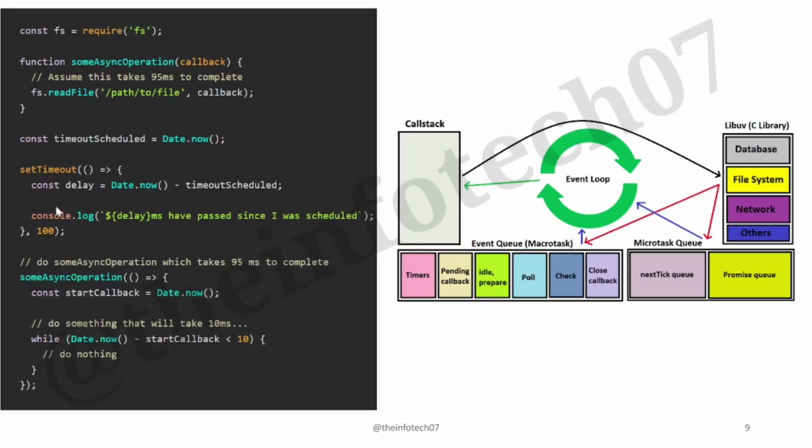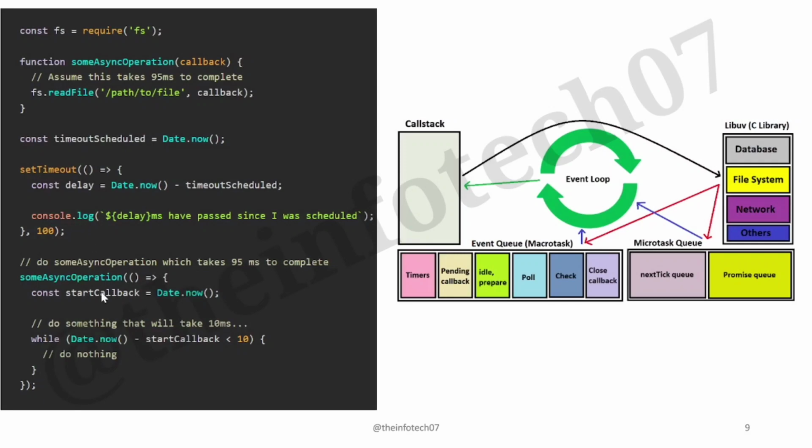The timeout is registered in the timer phase at 100 milliseconds, but the call stack is busy executing the async operation function. Until that operation completes in the call stack, the timeout callback will not get a chance to execute at 100 milliseconds.